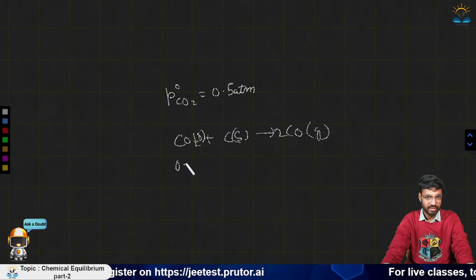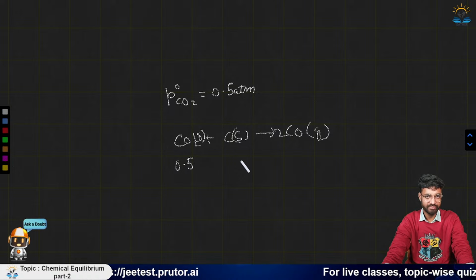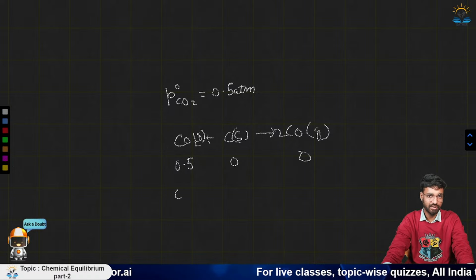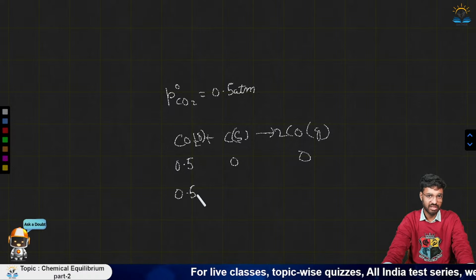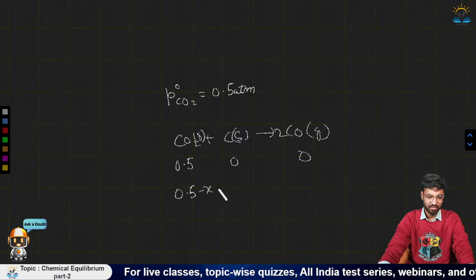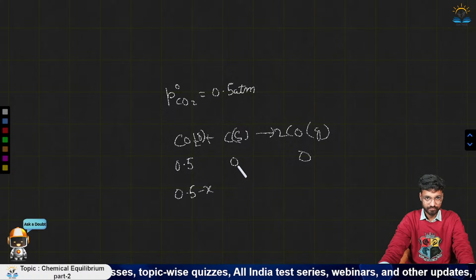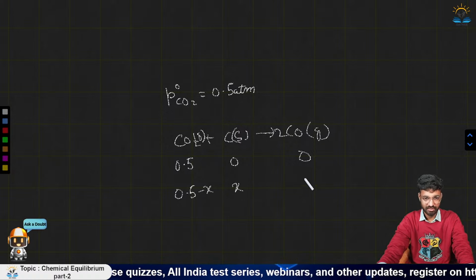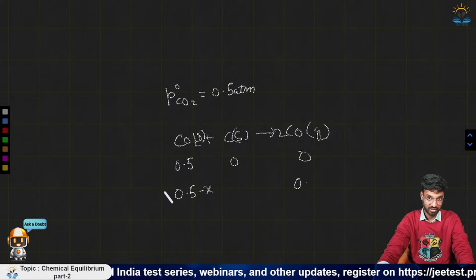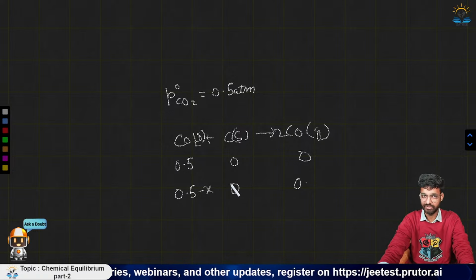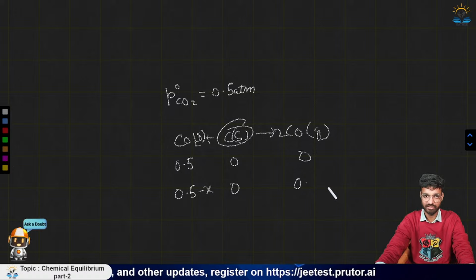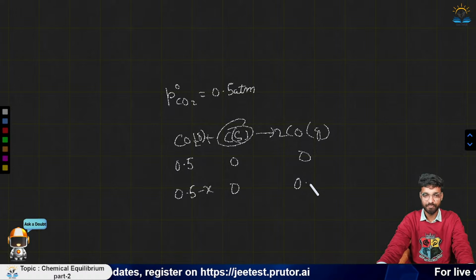Initially it is 0.5, and this is 0, this is 0. Now upon addition of this, some of the CO2 will get consumed. It will have x amount of this. Since graphite is a solid, it does not contribute a pressure term; it will be 0. Okay, I have taught this in the earlier class also.